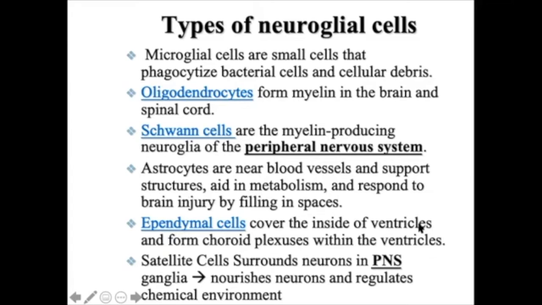I'm going to try, if I can remember, to come back here later and add that line to make sure you understand what you're going to be seeing on the exam. So they cover the inside of ventricles. A bunch of ependymal cells together form the choroid plexus. The choroid plexus is the group of the cells, ependymal cells, that draw the plasma out of your blood to make cerebrospinal fluid. So know these three, and I'm going to try to fix this one for you.